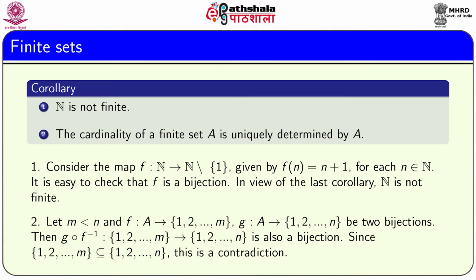Now, we state another corollary: first, that the set of natural numbers is not finite, and secondly, the cardinality of a finite set is uniquely determined by that set.